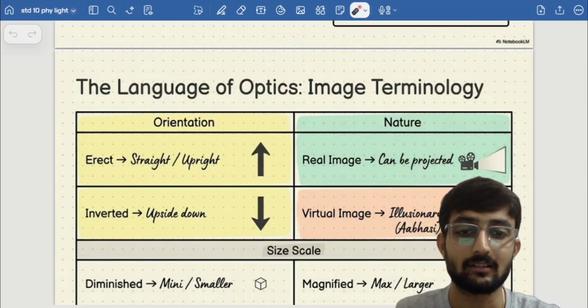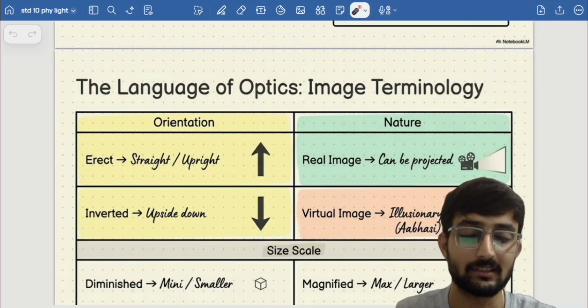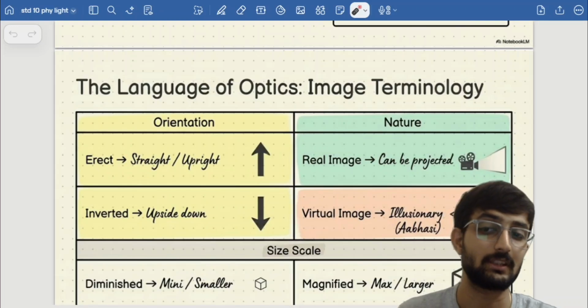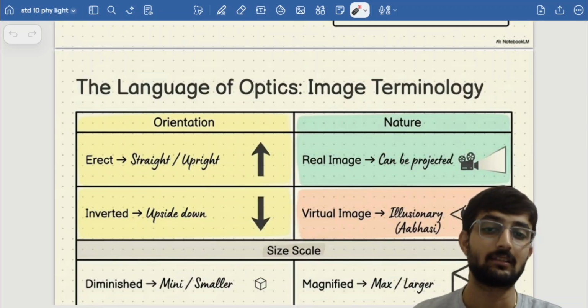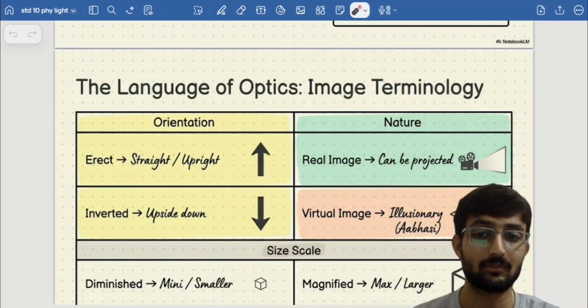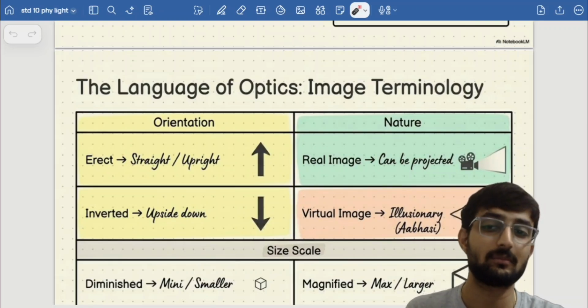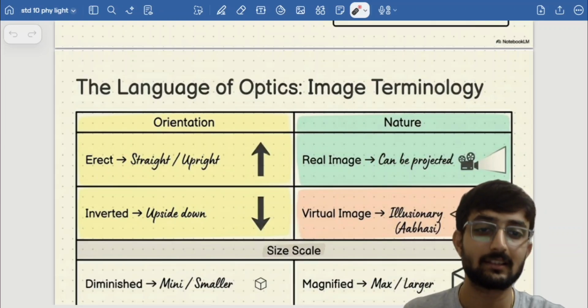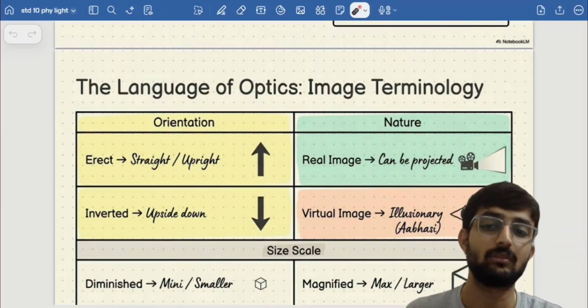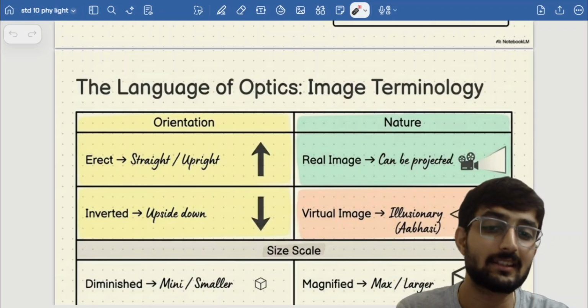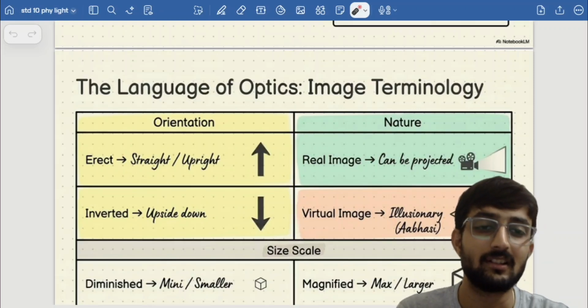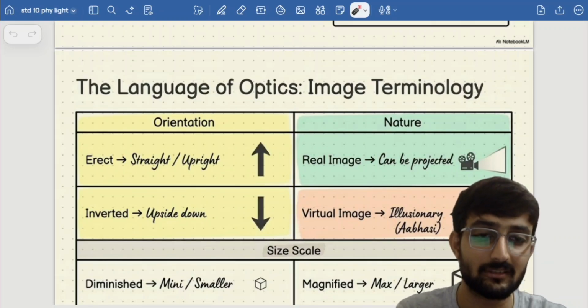It is an optical illusion where rays only appear to meet. Remember, here we are talking about an illusion where rays only appear to meet, not actually meet. You cannot catch it on a screen, like your shadow in the mirror.